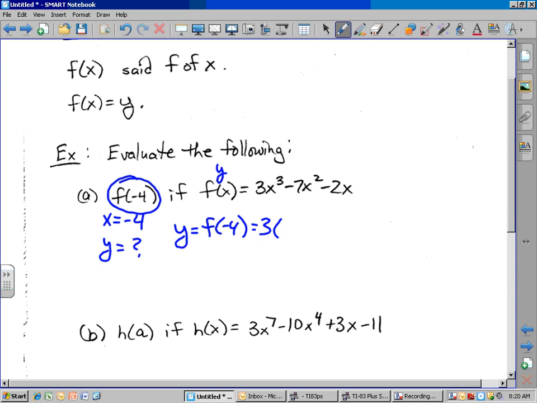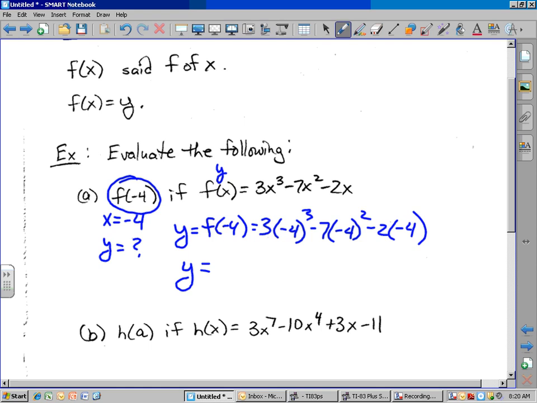Every time you see an x, you put a negative 4 in. That's all that means. So, any super geniuses can do that in your head? Anybody have a calculator?